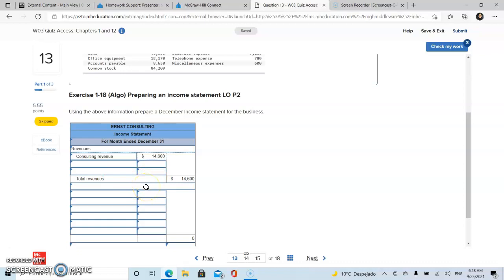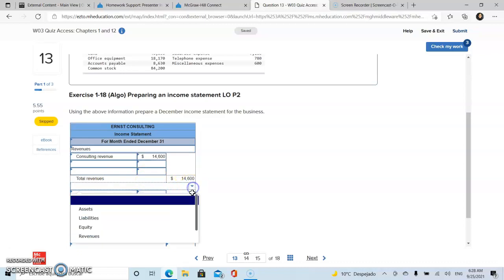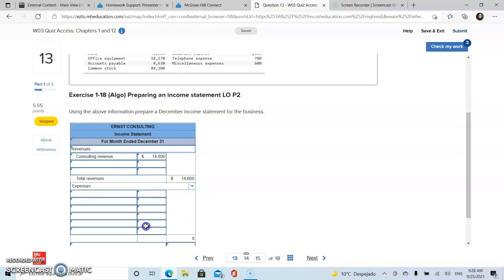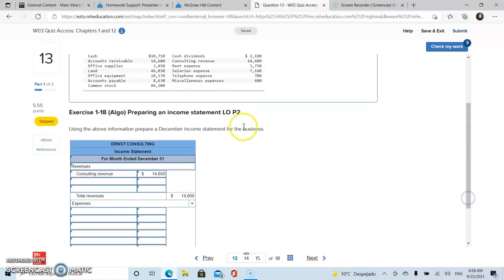After this, we're gonna go ahead and put our expenses. Expenses are the costs to generate the revenues that we already report. And as we can see in our list, there's a couple of them.